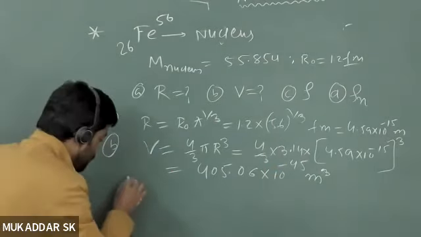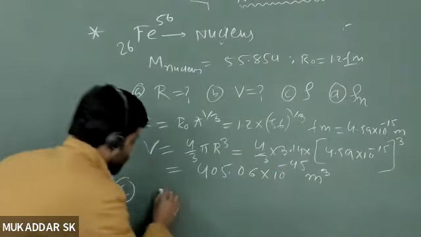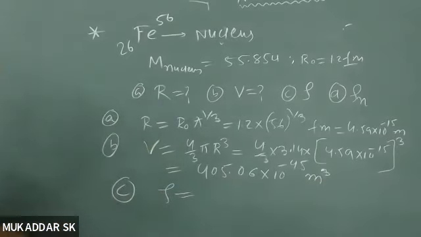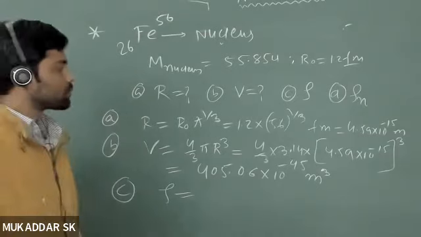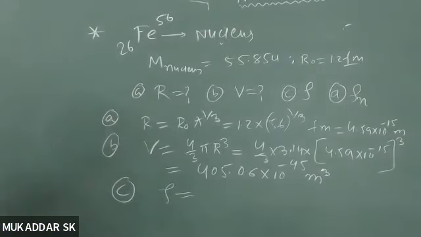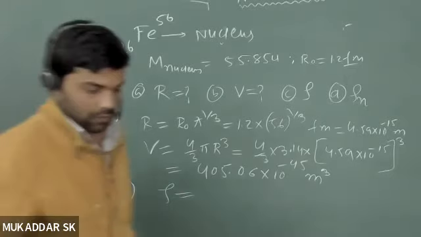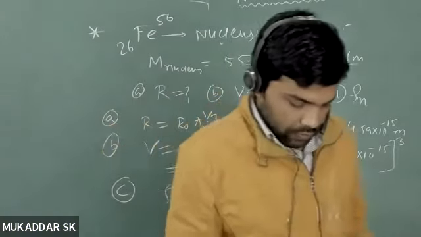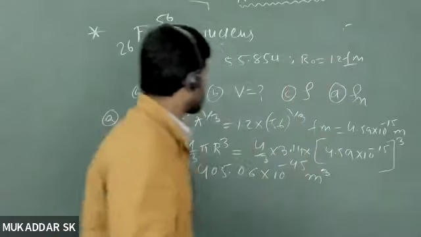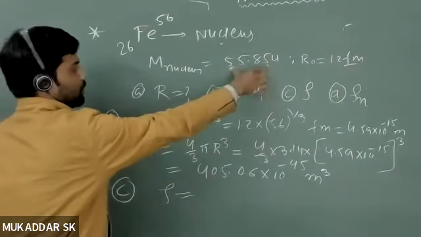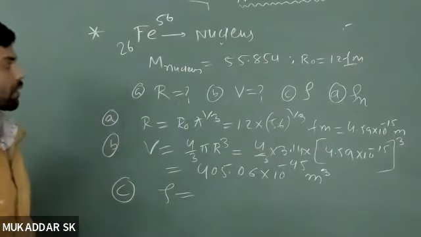Okay, next you have to calculate mass density. So how much will be the mass? How much mass will you write? Anyone? 9.27 into 10 to the power minus 26. Okay, so they have given you mass, right? How much mass? It was given in U. Exactly.